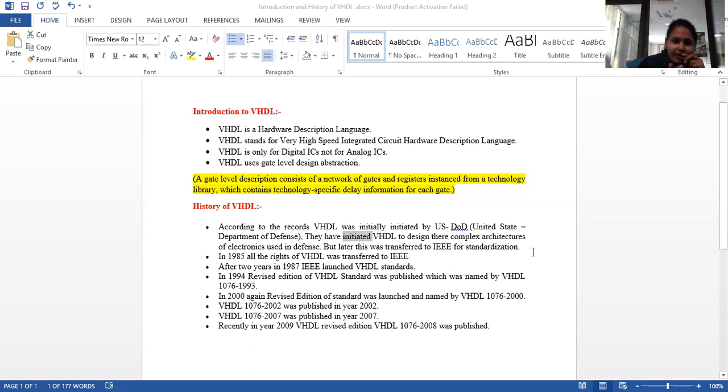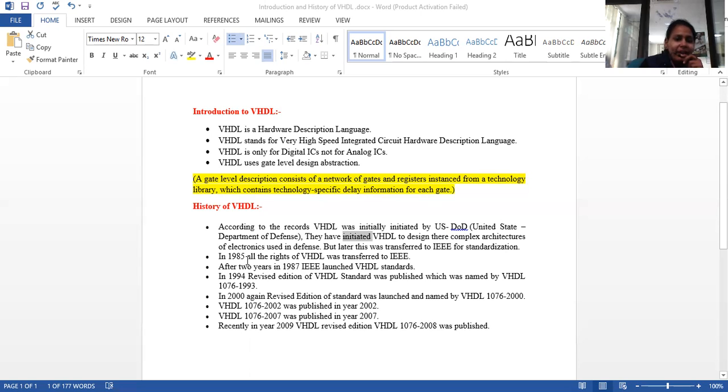The Department of Defense initiated VHDL to design complex architectures of electronics used in defense, but later this was transferred to IEEE for standardization.